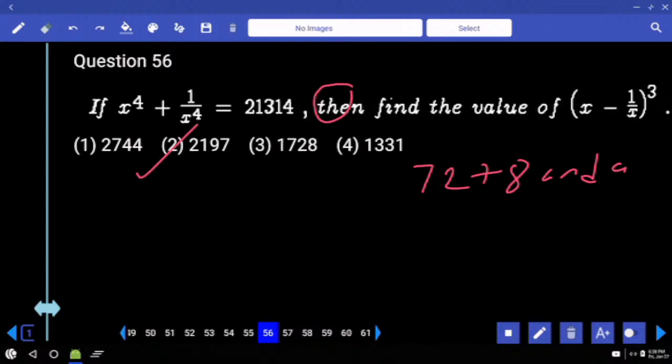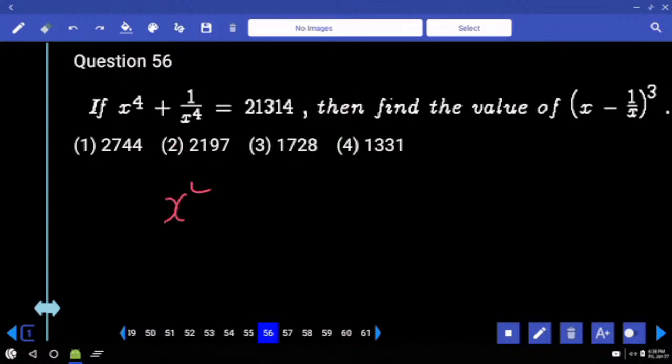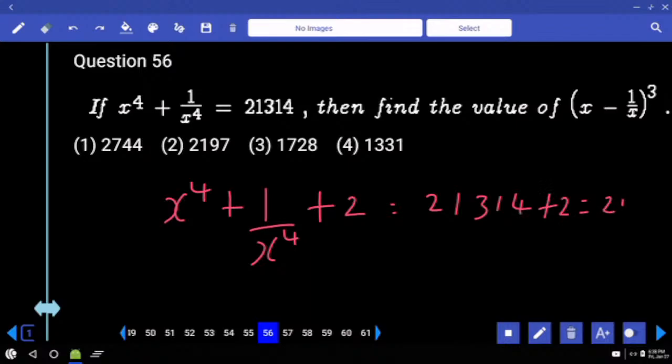Right. Next, the 56th. Now this question, x power 4. The first hint should be always, whenever there is a question like this, we should add 2. 21314 plus 2, which is 21316. How can we judge this 21316? I'll tell you how we can judge the answer.